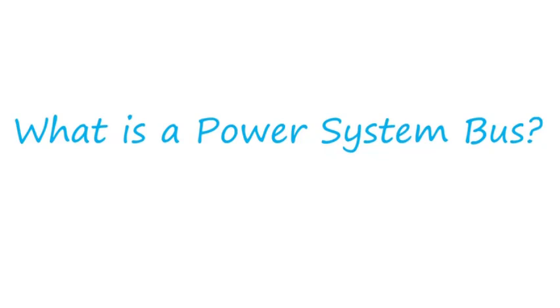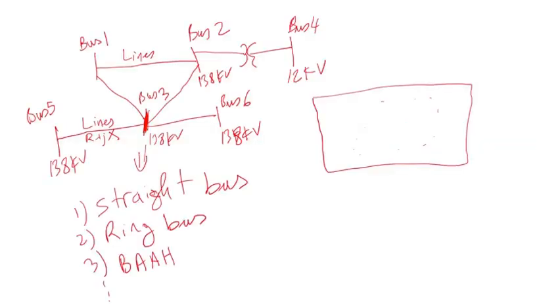In this video, I'll continue explaining what it physically means when you hear a power system bus. This is what I talked about previously. I'm going to draw the physical representation of bus 3.